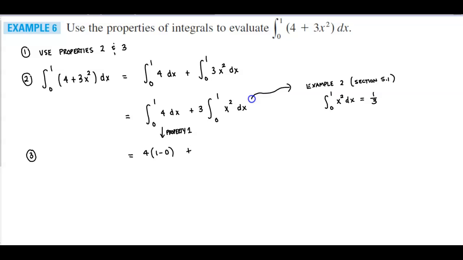So now it's going to be plus 3 times 1/3.